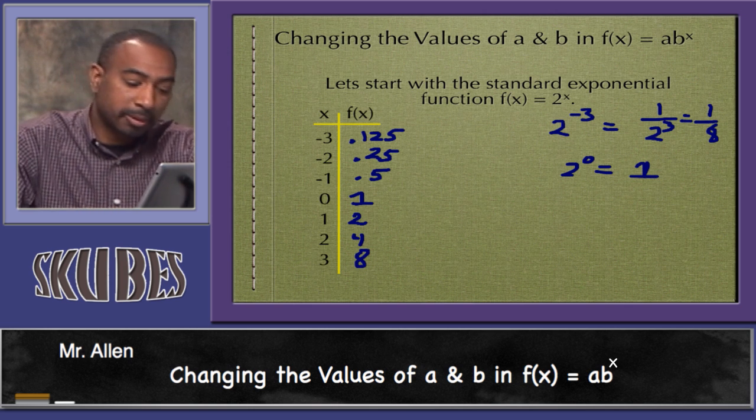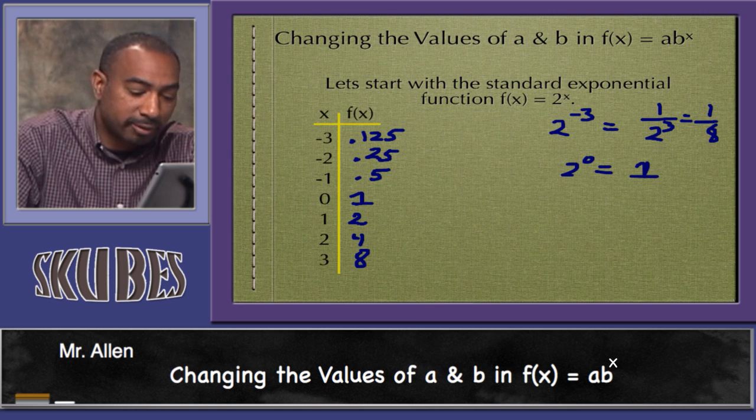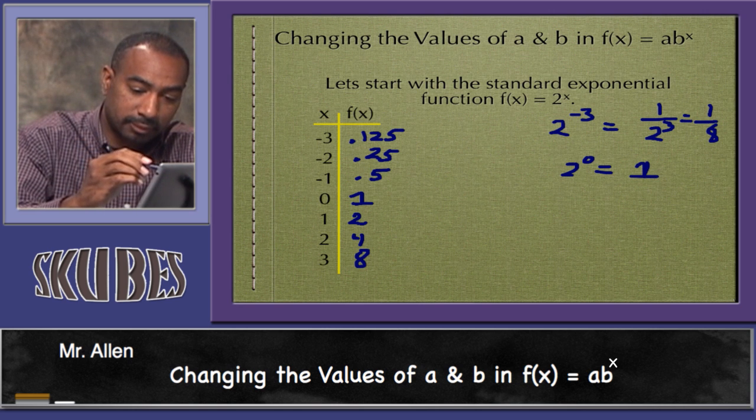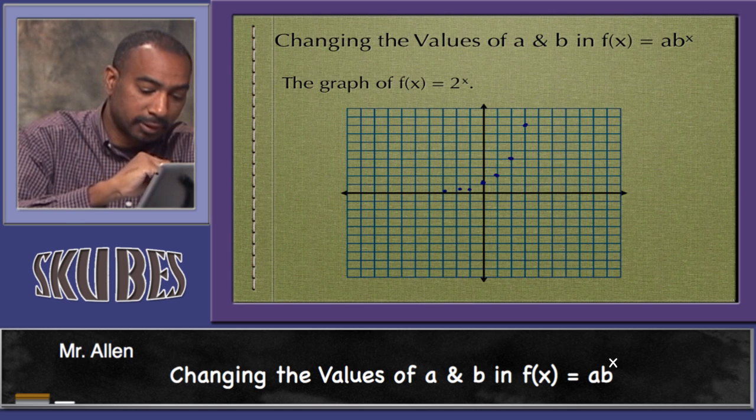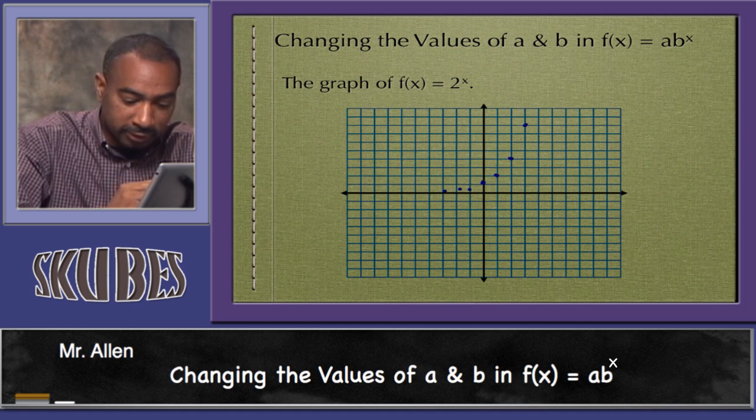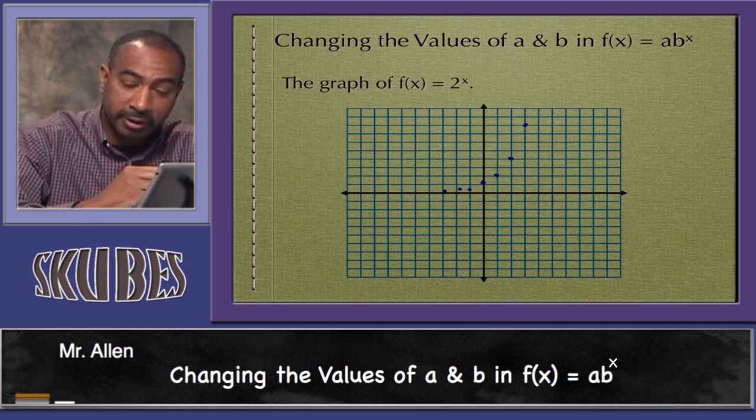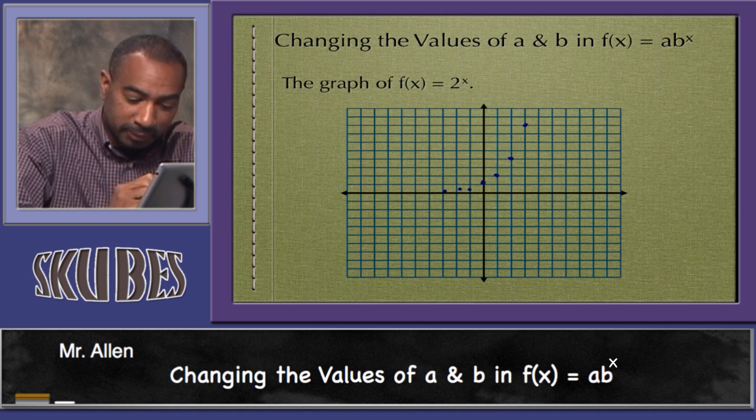And what you're going to do is plot these points and graph it. So if you look at this, when x is 0, y is 1. X is 1, y is 2, and so on. And it increases exponentially. But notice down here, it gets very close to the x-axis, but never touches it.